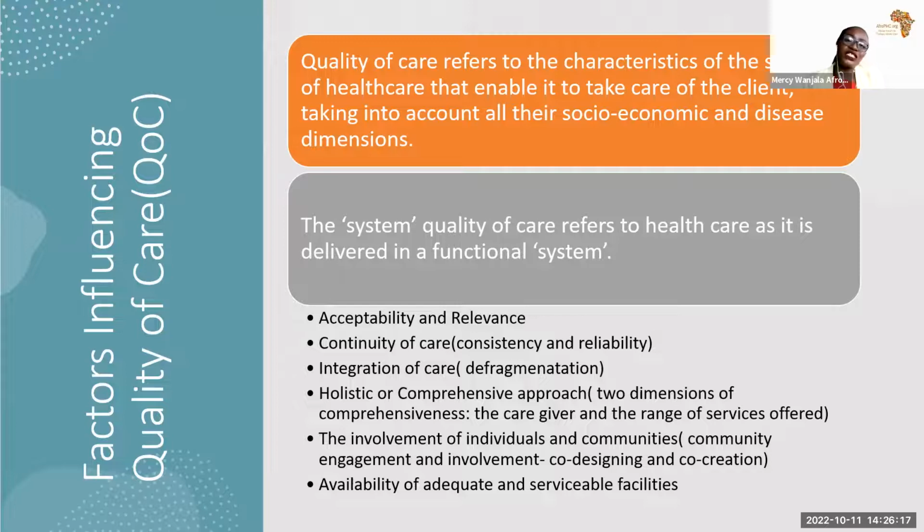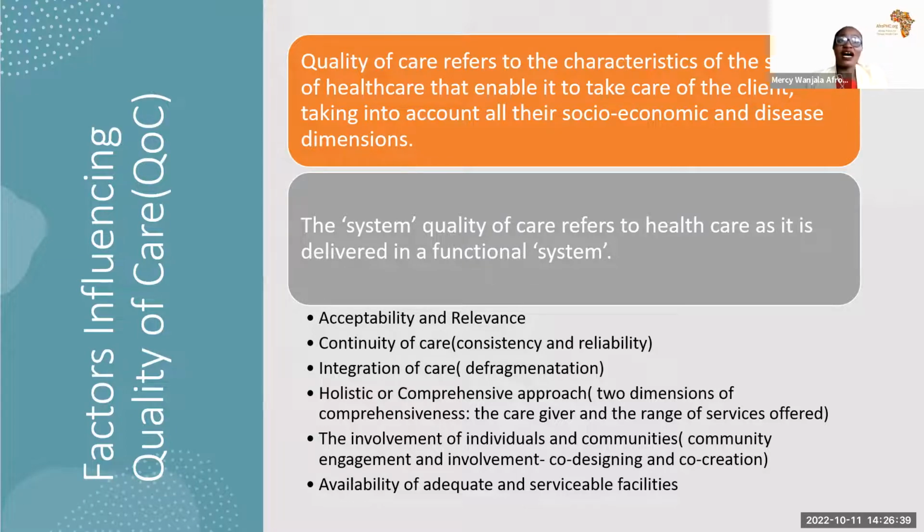And when you have community engagement, then you will take care of the point number 1, which is acceptability and relevance. Then last but not least, we have availability of adequate, serviceable facilities. A lot of times patients cannot access care because it's too far. The facilities are not adequate.